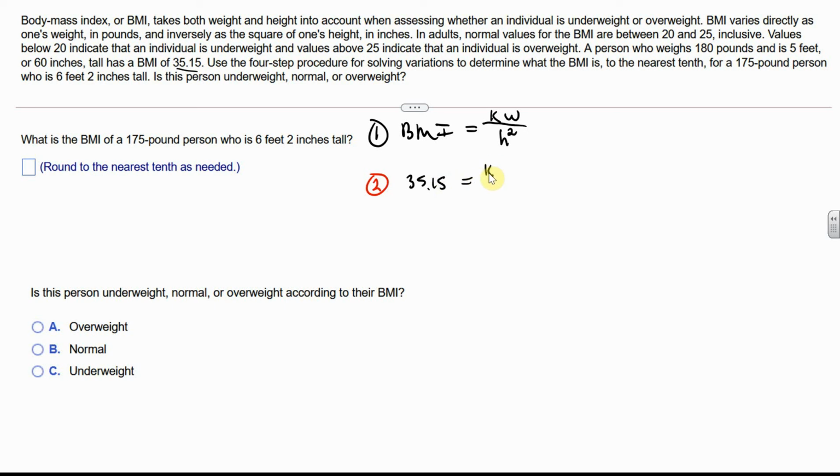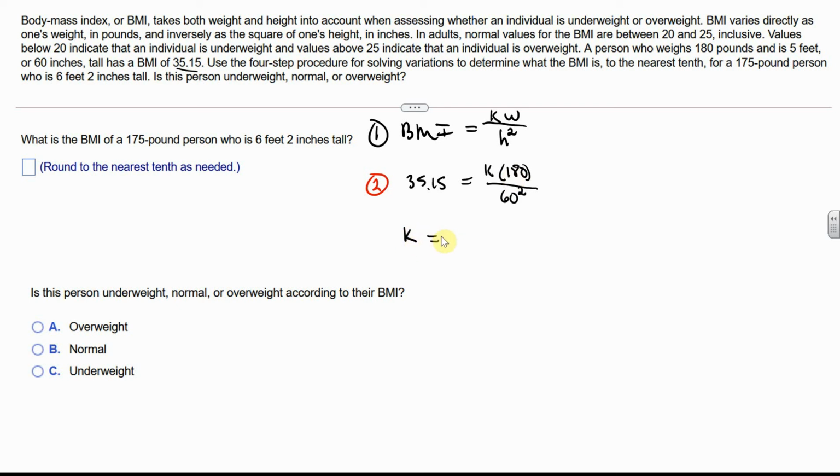That's equal to that constant times how much they weigh, 180 pounds, over the height, 60 inches, squared. So we take that to solve for K.